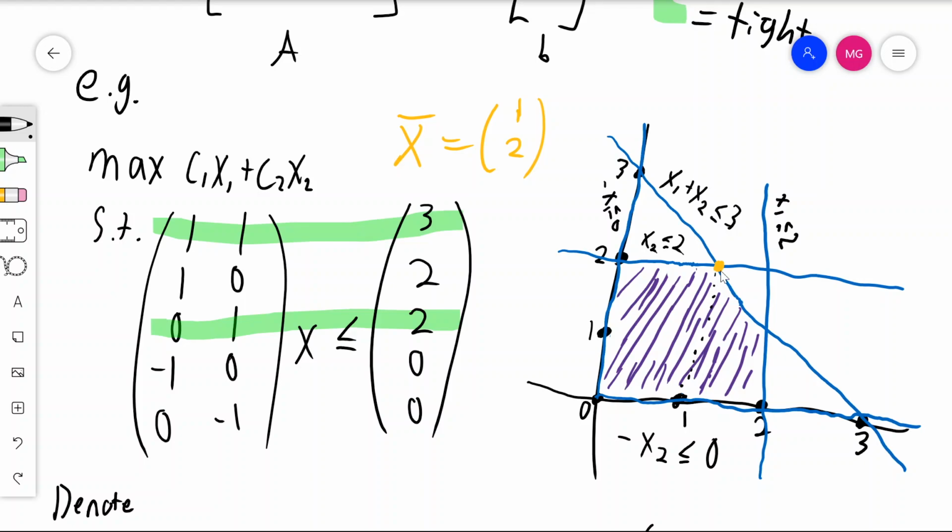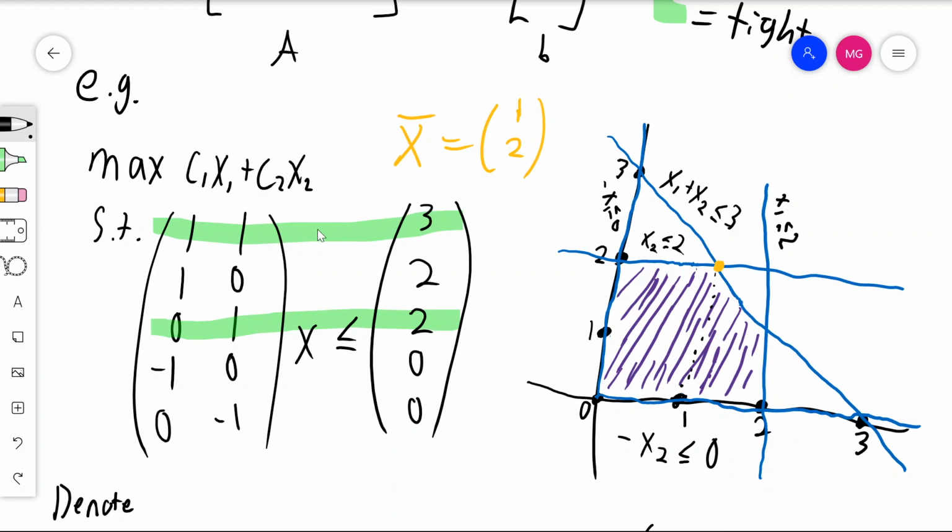And so if we start with that point, then the tight constraints are the ones that hold with exact equality. Geometrically, you can see that this point lies on two boundaries, two hyperplanes, right? Hyperplanes are lines in two-dimensional space. So it lies on this line and it lies on that line, and the associated constraints for those lines are the ones that will be tight.